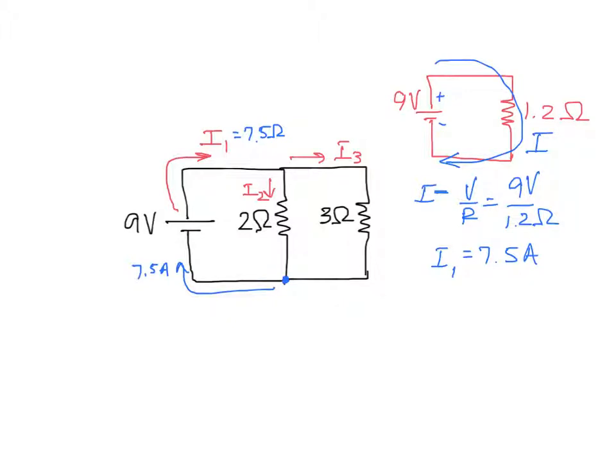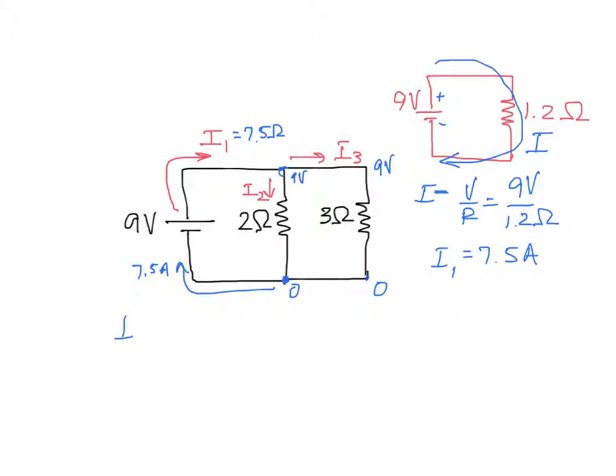So now how do we figure out what I2 and I3 are to size our wires in those two branches? Well, we already know that we've got 9 volts across here. So this is 9 volts here, this is 0, this is 9 volts here, this is 0 there.